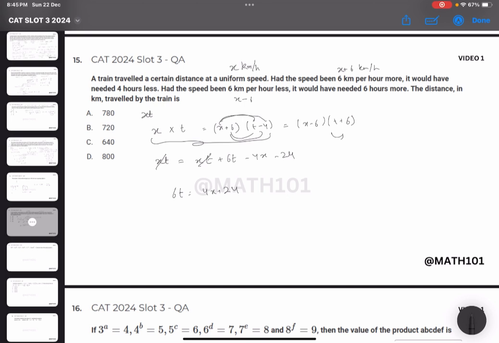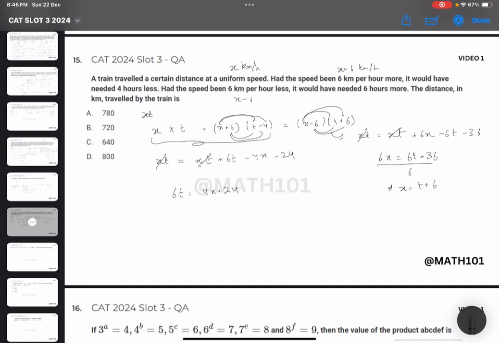And using this, which is equal to xt, we get xt equals xt plus 6x minus 60 minus 36. So we are left with 6x equals 60 plus 36. Dividing this by 6, we get x equals t plus 6.